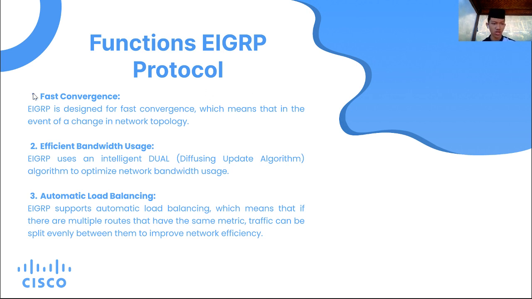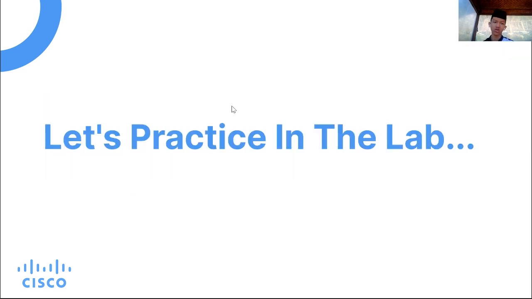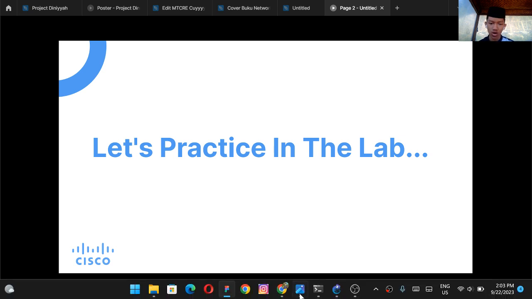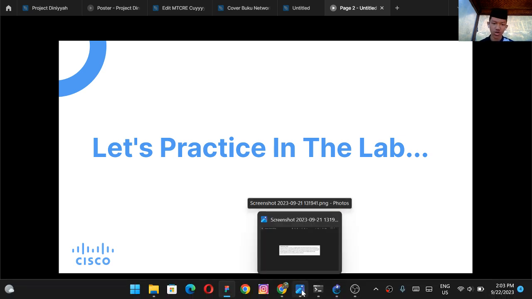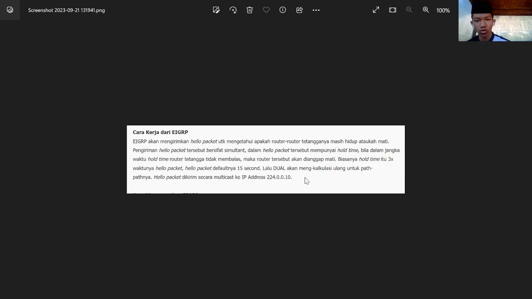The first function is fast convergence, the second function is efficient bandwidth usage, and the last is automatic load balancing. And before we enter the lab, I will explain how EIGRP protocol works in a network topology.